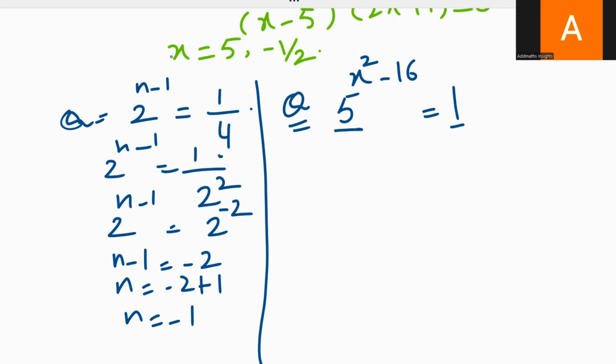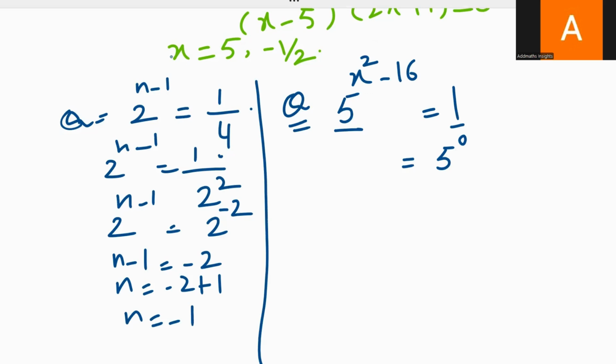So how can you change 1 into 5? According to the laws of indices, you can write 1 as 5 raised to the power 0, because if the index of a term is 0, then the whole term is equal to 1.